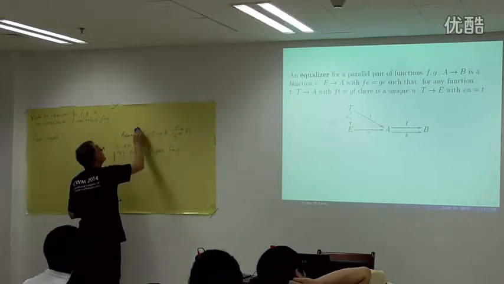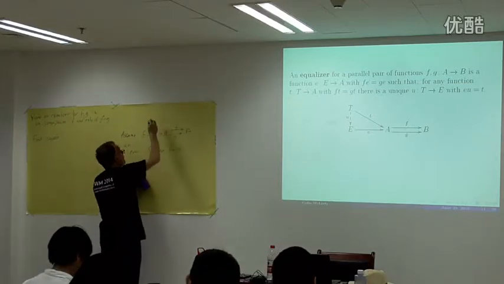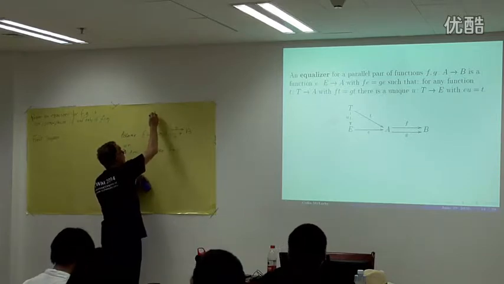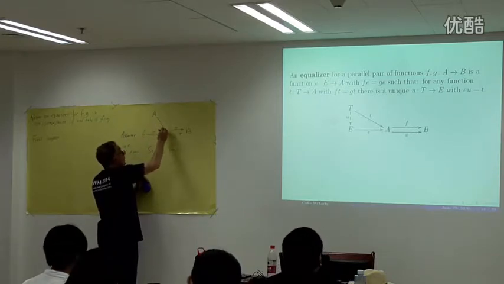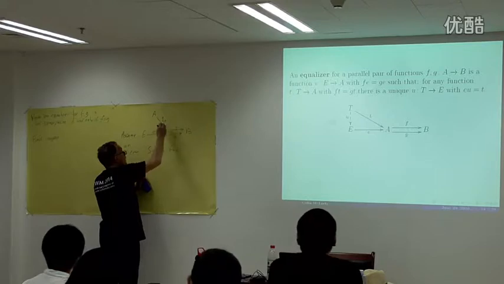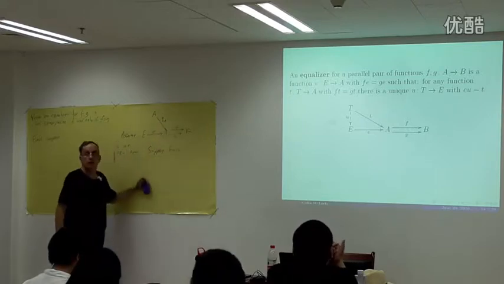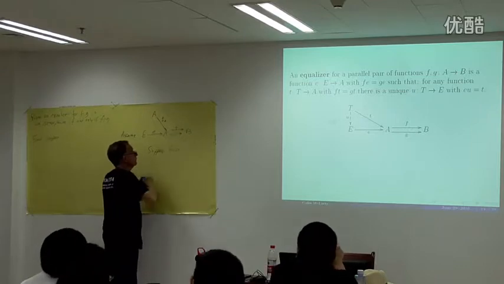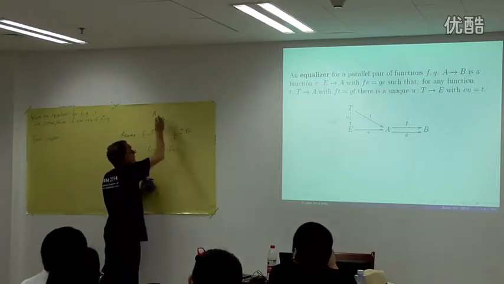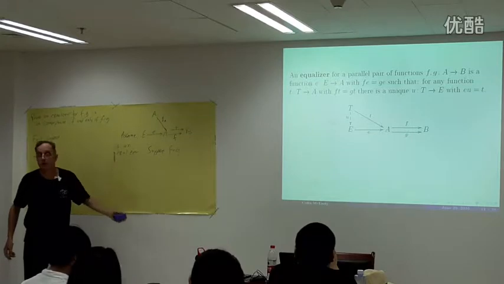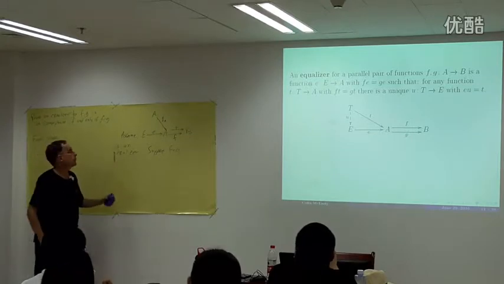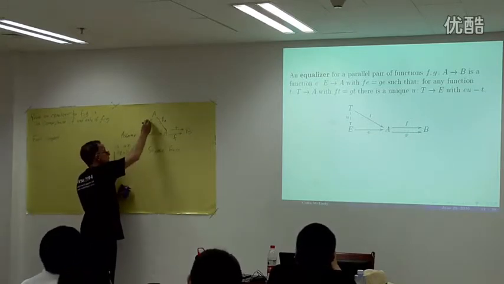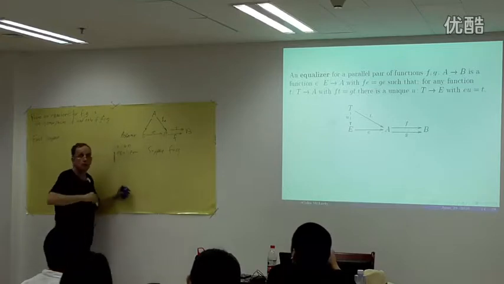Well, in that case, the identity function on A makes the composites equal. I'll just rewrite this as F. The identity function composed with F is F. And so the identity function has to factor through here.